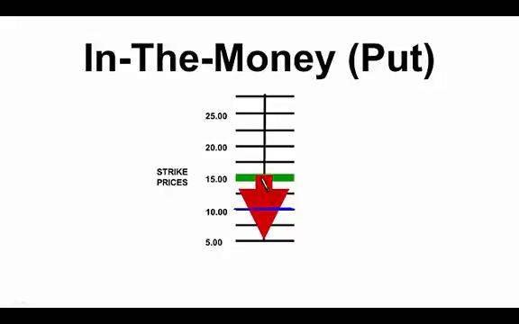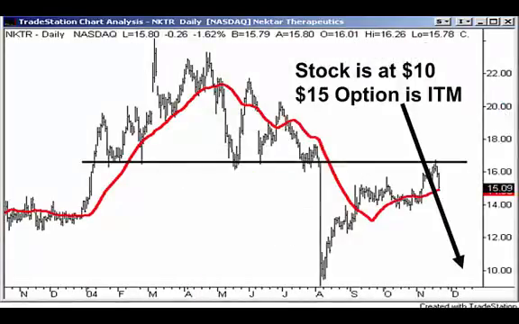Well, as the price of this stock goes down, the price of the put will go up because it's in the money, and anything above $10 is considered in the money for this put option. So for example, if the stock came down here to $10 and we own the $15 put, that put is in the money because it's above $10 and it's in the money by $5.